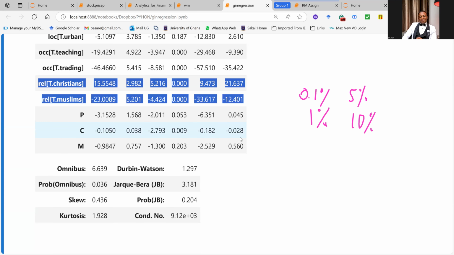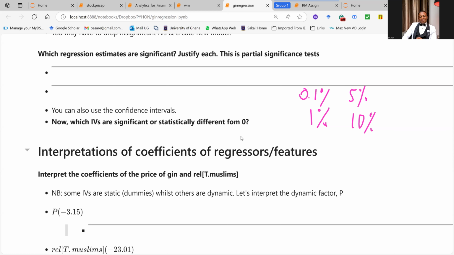So write this down. On average, and because I'm going to talk about Muslim, I will hold everything about religion constant. Well, they are already constant in this case because they are static.